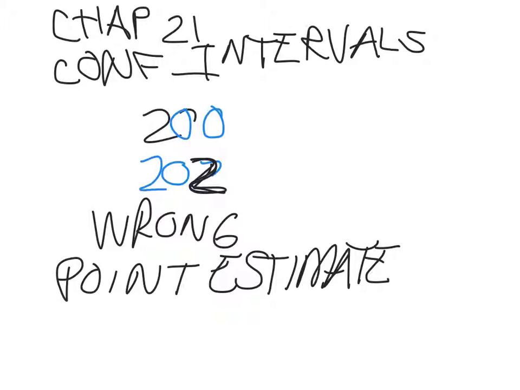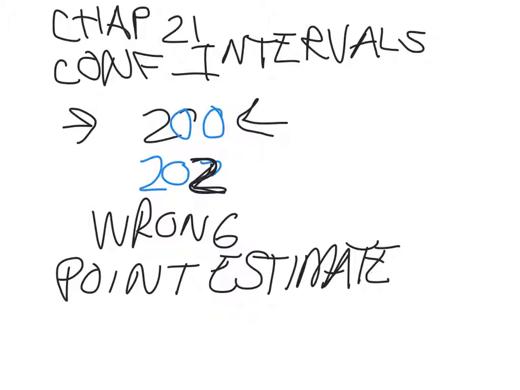Okay? So, if you happen to hit it right on the nose, you look brilliant and happy and everything. Alright, so I guess 200. In reality, it was 202. What would be a better way of making my forecast? Okay?